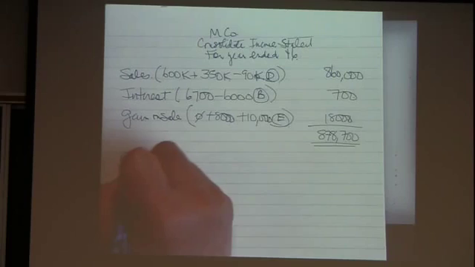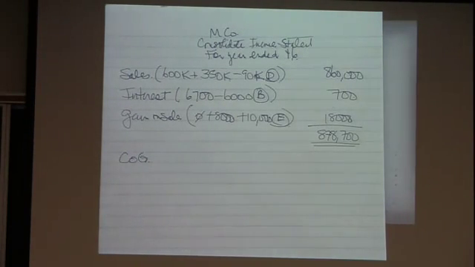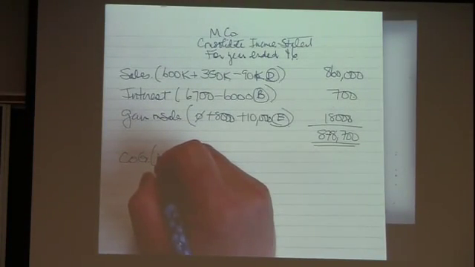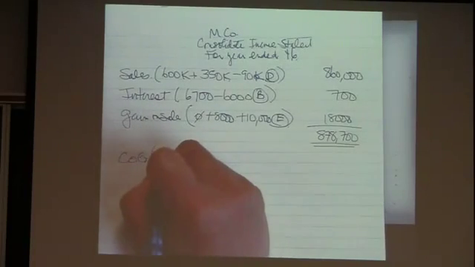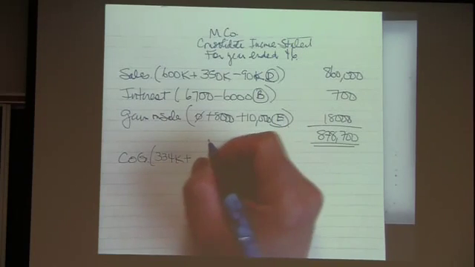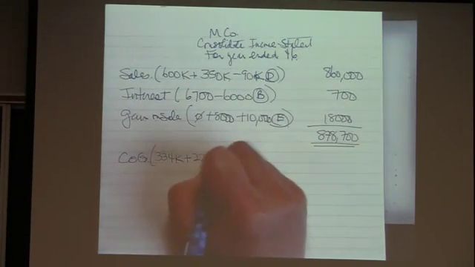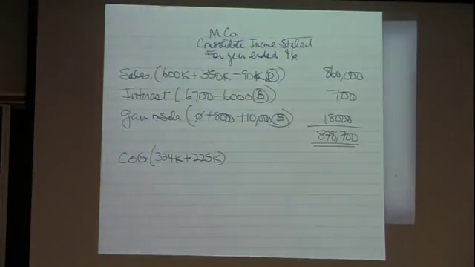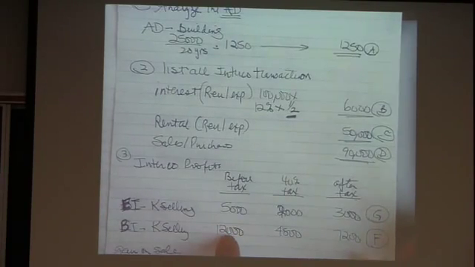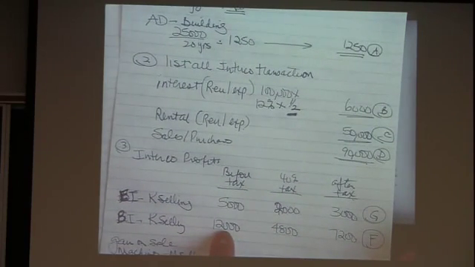Cost of goods sold. And that again, let's take the cost of goods sold of M is 334 plus K, it's 225. Now, we're going to adjust the beginning and ending, correct? So the beginning, we're going to realize that. So we're going to take that 12, we're realizing it. And then the ending inventory, we're going to unrealize that, okay?